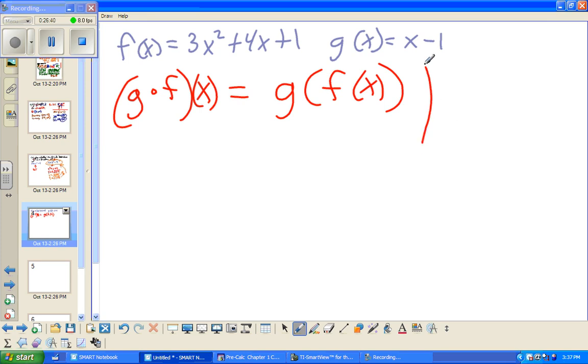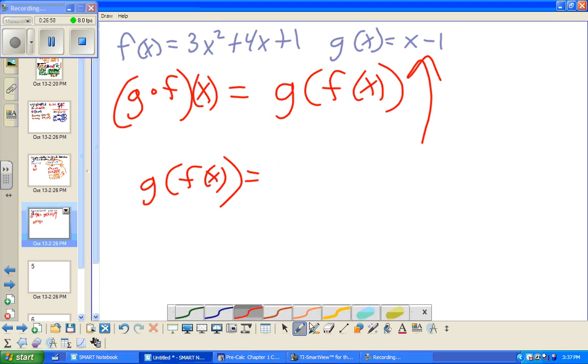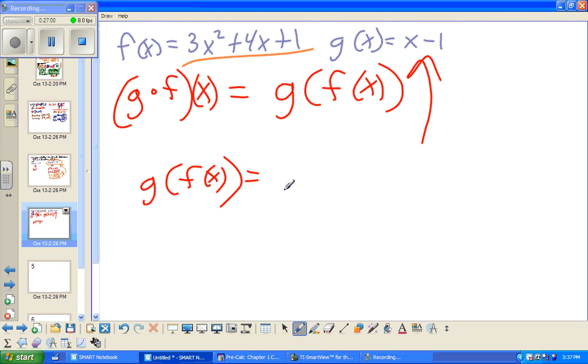So I'm going to take this function here and I'm going to rewrite it. As soon as I get to an x, I'm going to stop and I'm going to write the other function in. So here, I'm going to start writing g of f of x. And then now right away, I'm going to have to stop. And instead of writing an x, I've got to put that entire function in.